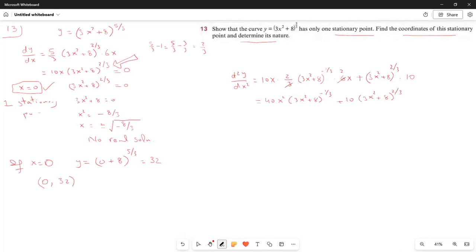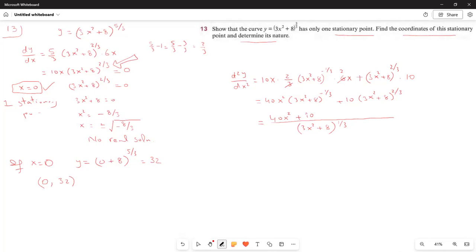what will happen? And then divided by the same thing. So I divide this whole expression by (3x squared plus 8) to the power 1 by 3. Then when I multiply this whole expression with the same power, I will get 40x squared, and this will become 1 only, because power minus 1 by 3 multiplied by power 1 by 3 becomes power 0, which is 1. Plus 10 times, what will happen over here? This whole thing, power 2 by 3 multiplied by power 1 by 3, will become 1.